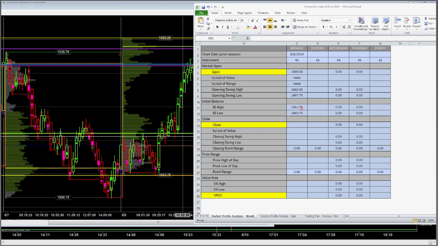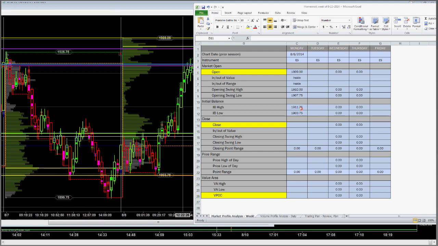And as it tested down, I could see the weakness in the bid coming in, and once again, strength in the offer coming in, pushing up through the top of the IB. There's a lot in the overall context that I'm reading that says buyers have conviction. They're likely looking to take price higher. So if they're going to take price higher, and I don't really like to take breakouts a lot, I'm going to look for a logical pullback before I take my long.